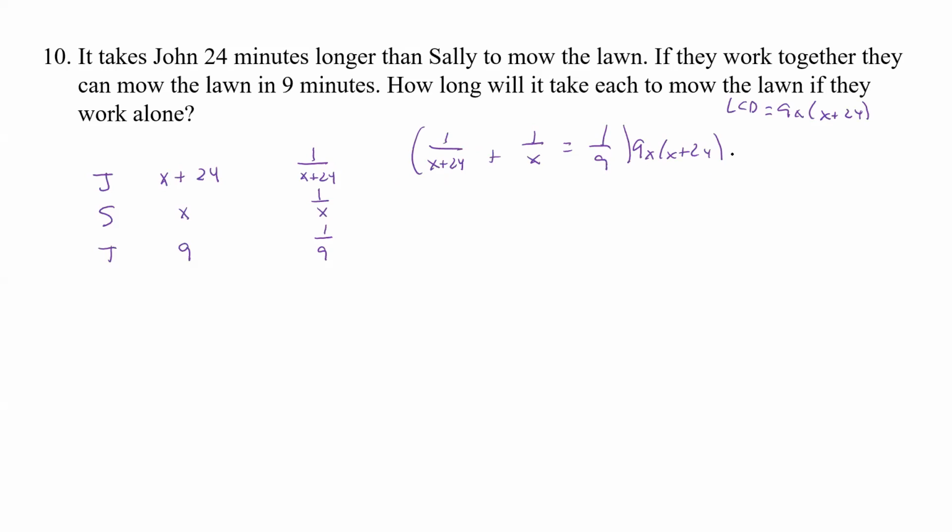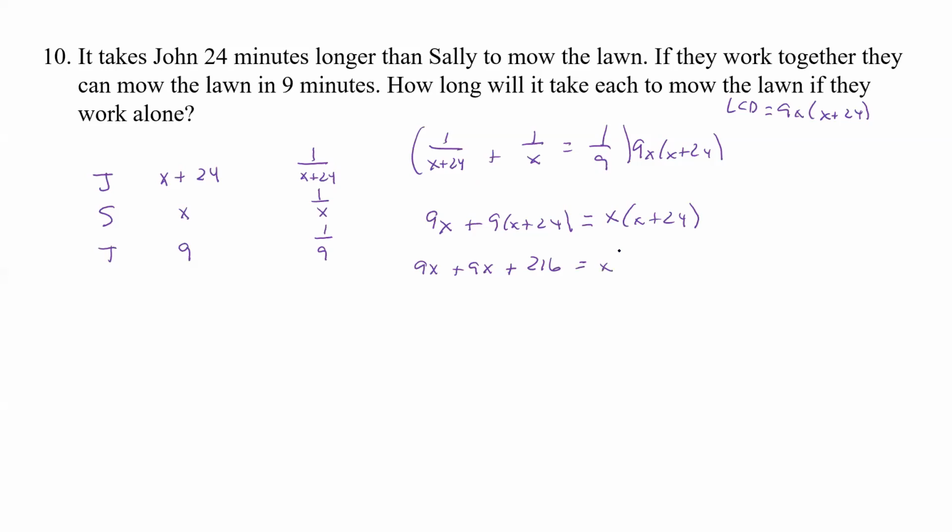Now when we take that times the first one, the x plus 24 cancels, we get 9x plus, now the x cancels, so we have a 9 times x plus 24, and that equals, now the 9's cancel, x times x plus 24. Okay, so distributing, we have 9x plus 9x plus, now 9 times 24 is going to be 216.